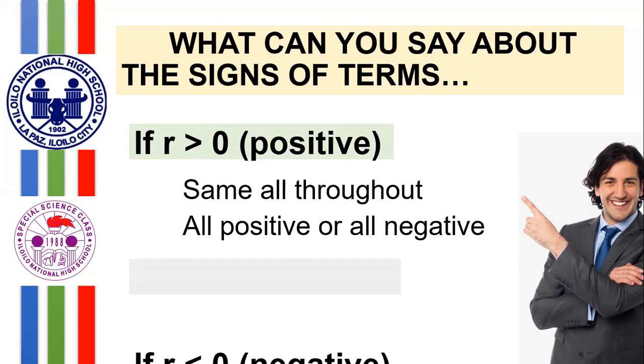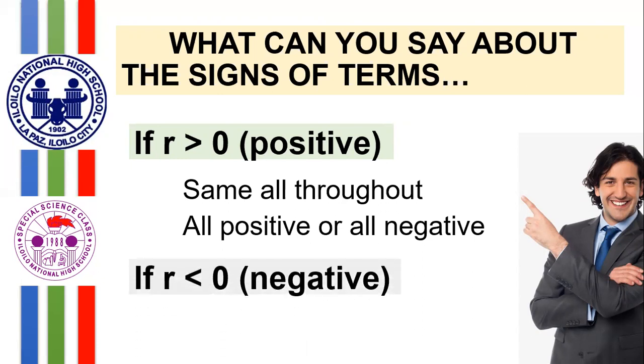How about if the common ratio is less than 0 or is negative? If you could see in the previous exercises, if you have a common ratio that is negative, then expect that the terms are alternating in terms of signs. For example, if your first term is positive, that's plus, minus, plus, minus, plus, minus, and so on.